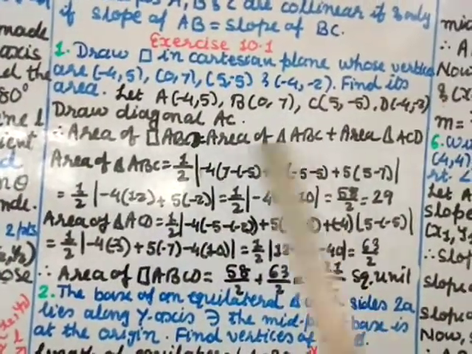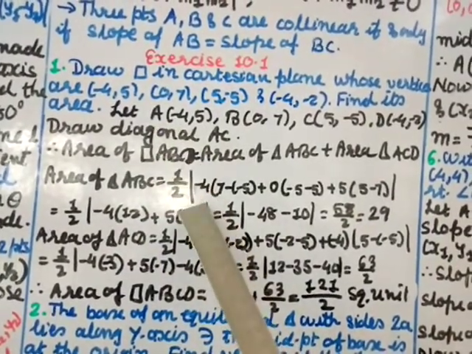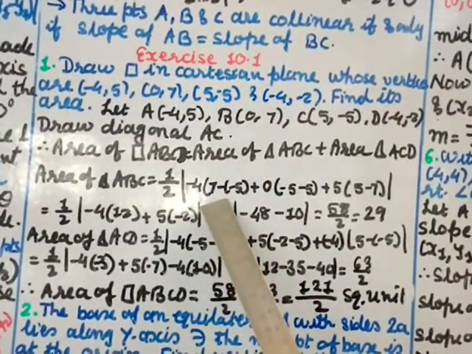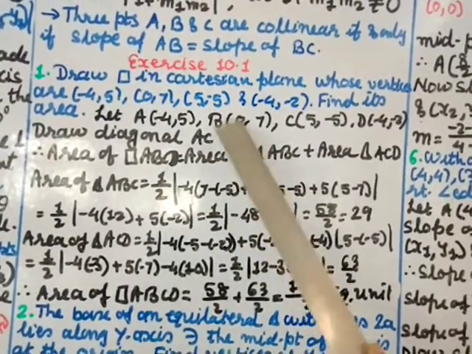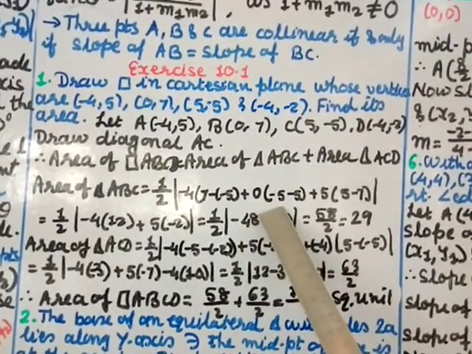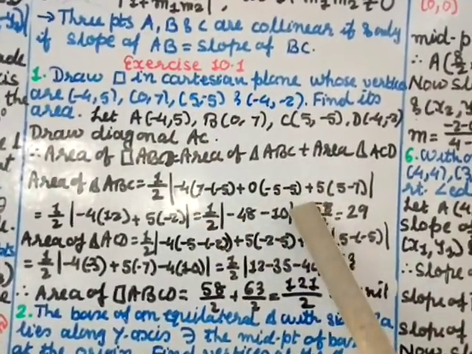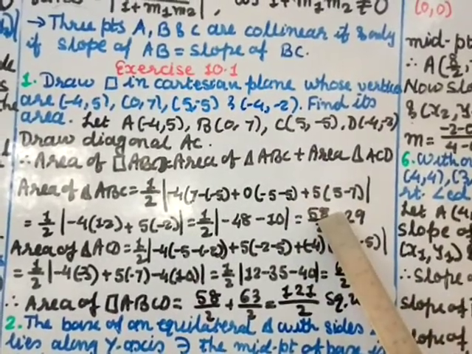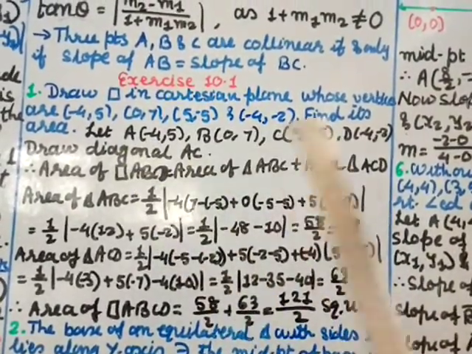First I'll find the area of triangle ABC: 1 by 2, first x1, that is -4, times y2 minus y3, so y2 is 7 minus y3 which is -5, plus x2, that is 0, times y3 minus y1, so y3 is -5 and y1 is 5, plus x3, which is 5, times y1 minus y2, so y1 is 5 and y2 is 7.